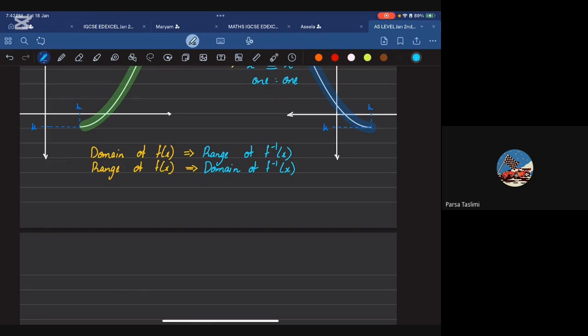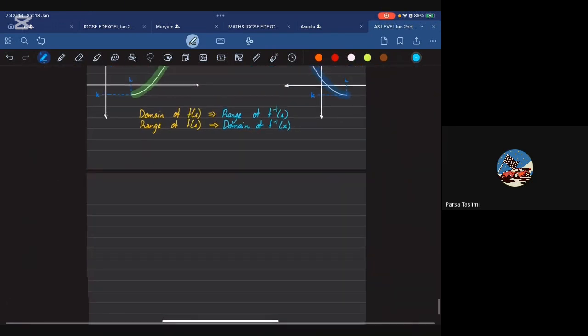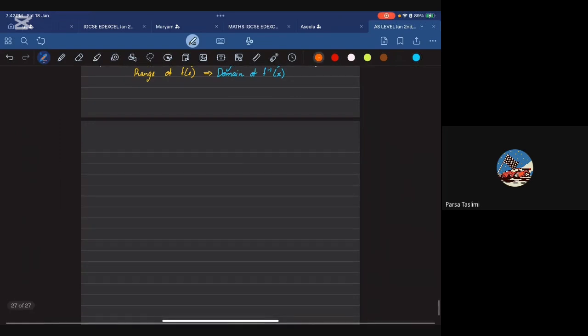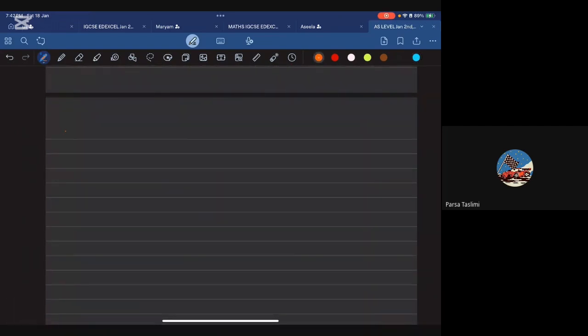Now, one last thing that you need to know before we move on, which is the graphical representation of inverse. What is inverse on the graph? What does it stand for?